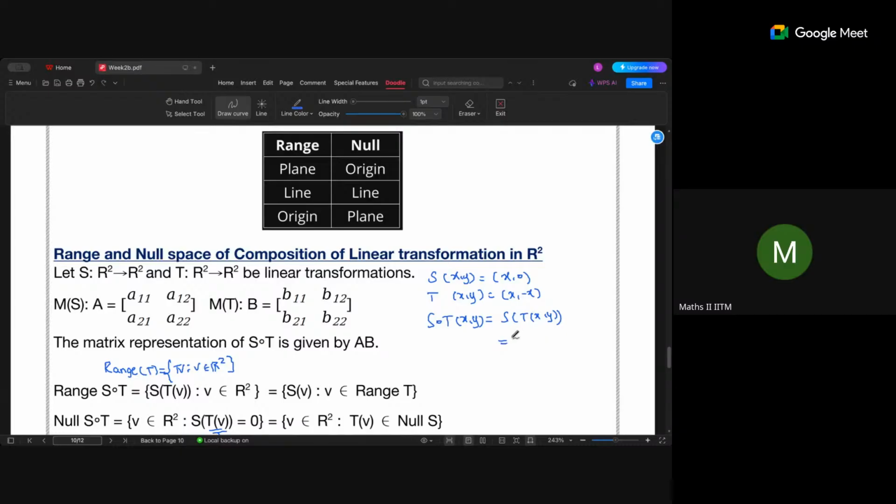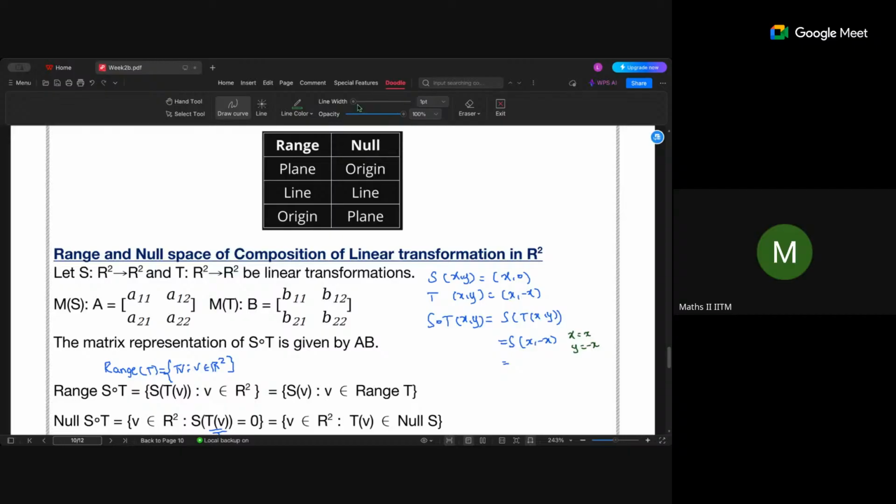Now what is T of (x, y)? It is (x, -6). Now what is S of (x, -6)? Remember, you have x equal to x, and in place of y you have -6.